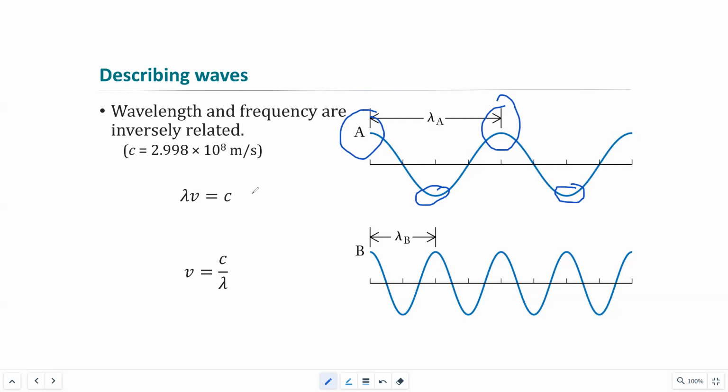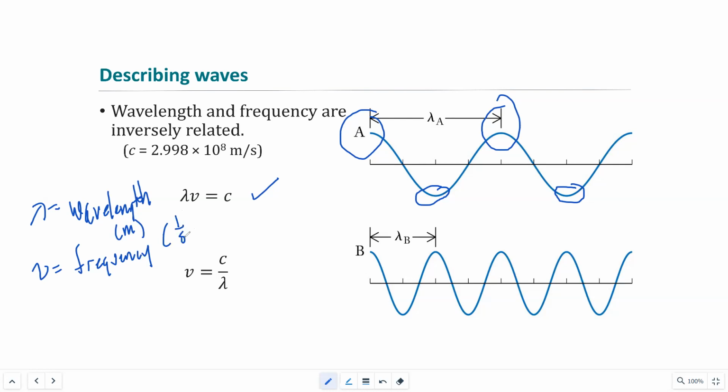And that is reflected in this equation: the speed of light, again, 2.998 times 10 to the 8th meters per second, is equal to the wavelength of light, which is given to us in meters, times the frequency of light, which is given to us in reciprocal seconds, sometimes referred to as hertz.